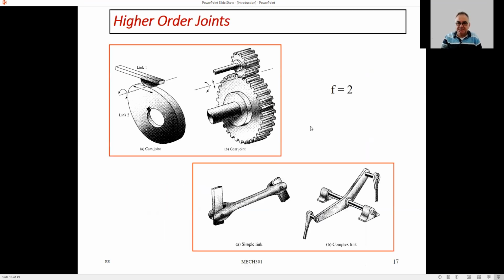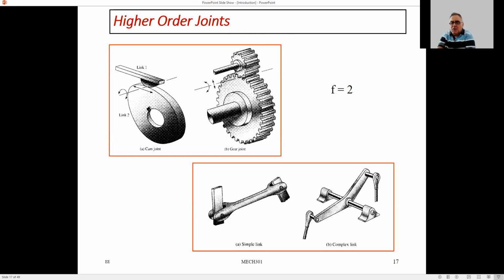There are higher order joints. I will come to explain these to you later on. For example, a cam joint or a gear joint have 2 degrees of freedom. Okay, 2 motions are possible with respect to each other.